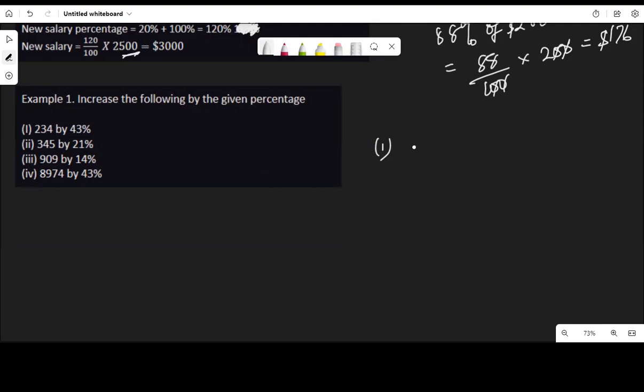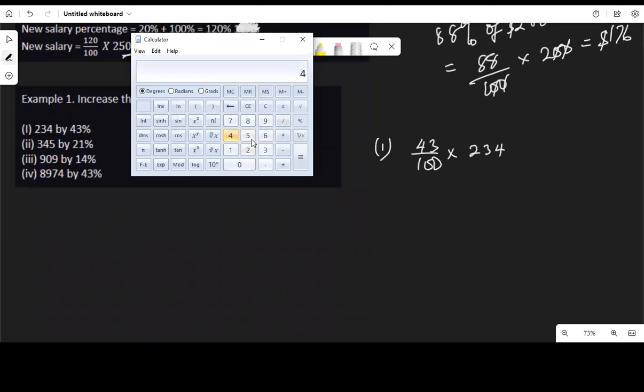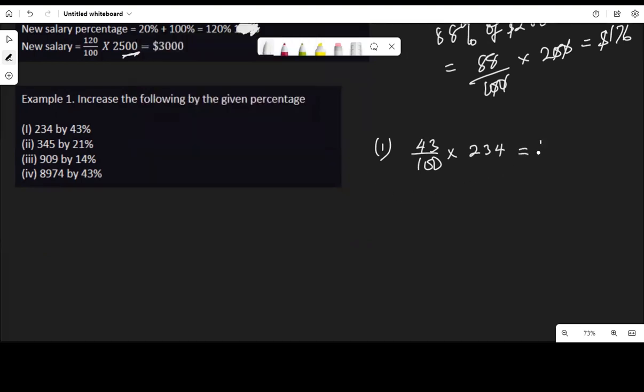So for the first one, 43%, that is 43 over 100 times 234. To make it easier, let's use a calculator. 43 divided by 100, that is 0.43, multiplied by 234. That is 100.62. 100.62 is the percentage increase.